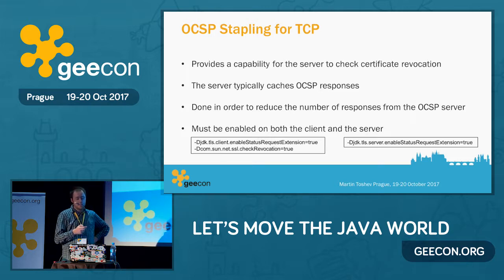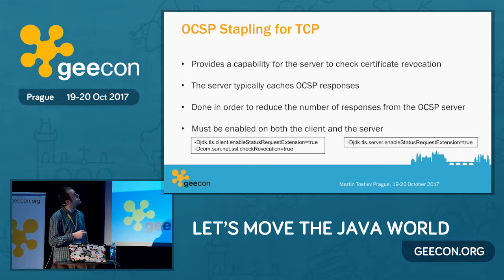The OCSP stapling protocol provides a capability for the server to do that certificate revocation checking itself and return the result to the client. This saves some network round trips between the client and the OCSP endpoint, because clients can make a number of requests to check different kinds of public certificates. And if that's done by the server, it can save a lot of network bandwidth.